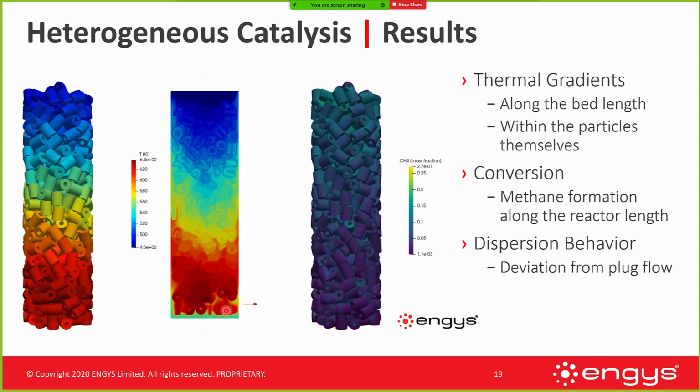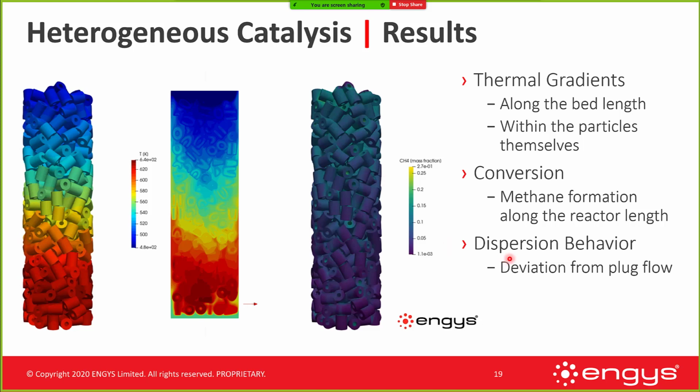We see almost a very uniform temperature profile in the very beginning, and we also see some temperature gradients inside of each one of these particles themselves. We see conversion of methane from the entrance of this reactor, so we see very low methane mass fraction, and then at the very end we see methane being produced at the outlet.